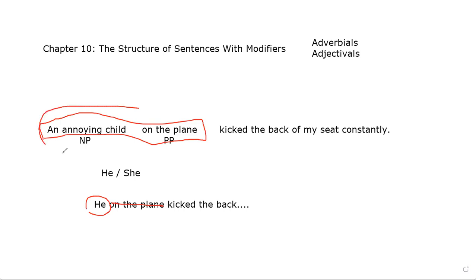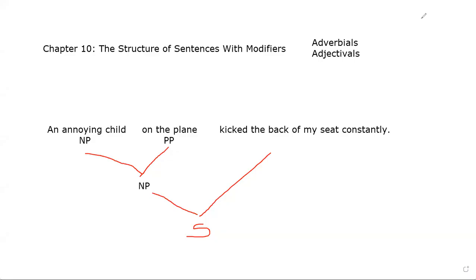So when we draw our diagram, we need to visually represent that these pieces are all together in one chunk. So when we have our tree diagram, the annoying child and on the plane need to connect. We need to show that connection where they're together, right? And I think we could even represent this by drawing it a little better.